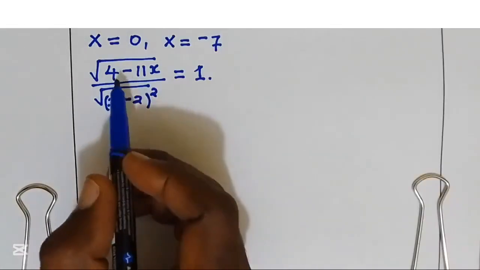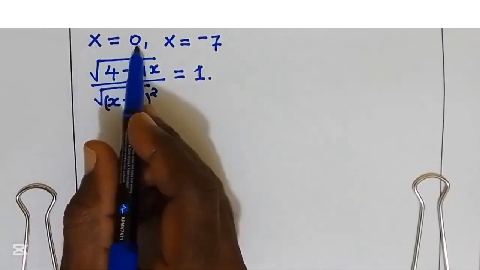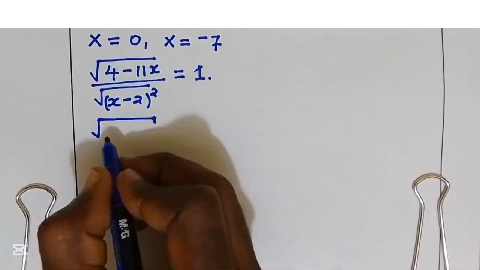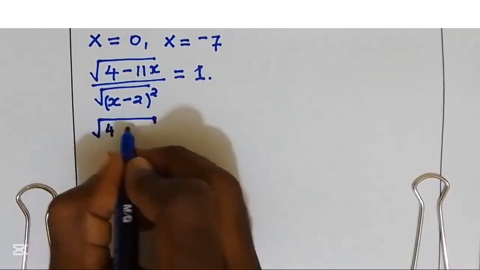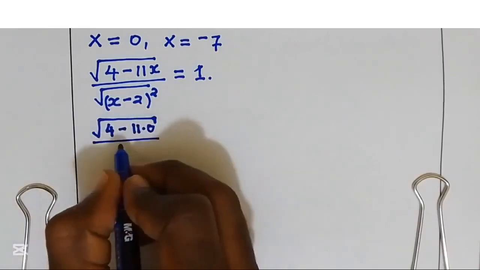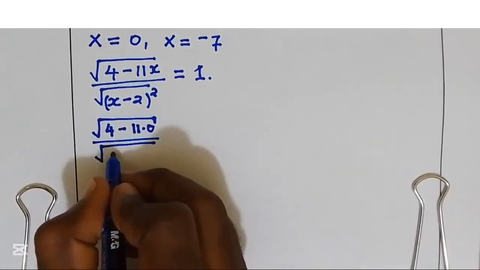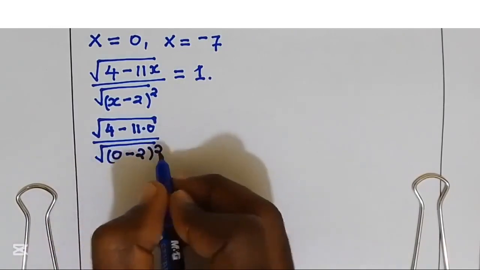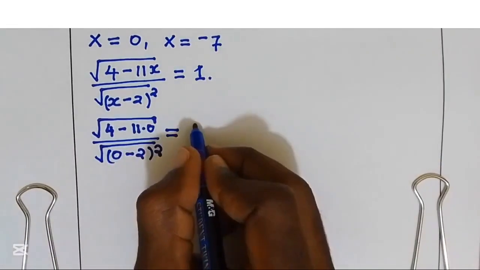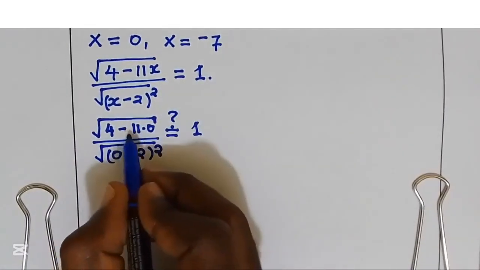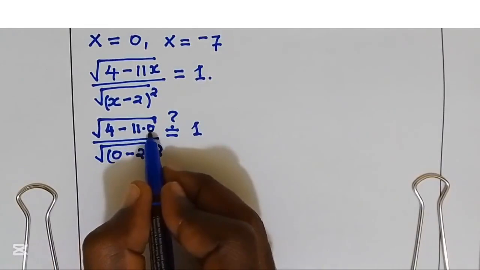Let's start to test. For x is equal to 0, I'm going to substitute into my equation. That is going to be the square root of 4 minus 11 multiplied by 0 over the square root of (0 minus 2) squared. This is equal to 1. Is that true? 11 multiplied by 0, we get 0.